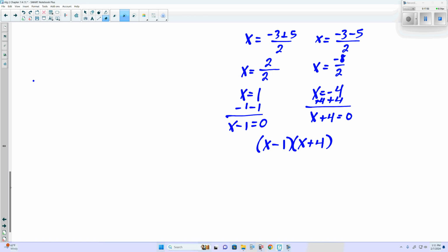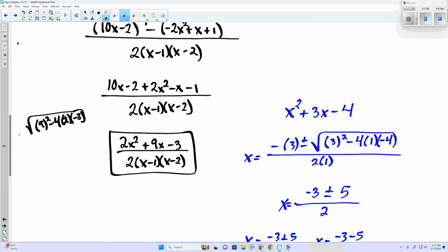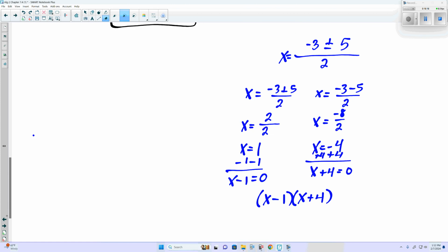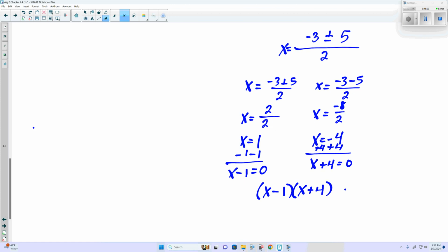Our starting equation was x squared plus 3x minus 4, yes? If I factor this, since the 4 is negative, our signs are opposite. Factors of x squared are x and x. 4 is 1 and 4 or 2 and 2. Which are our factors, yes? We get to the same spot.